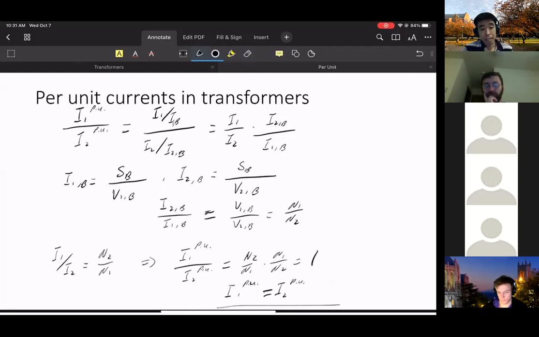So again, we use per unit quantities. For current, also, they're the same across an ideal transformer. So no need to talk about different currents on different sides, or talk about turns ratio anymore. That's taken care of in the per unit system. Any questions about the current or the voltage?